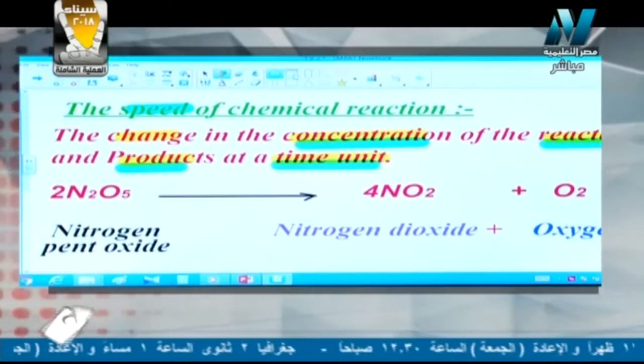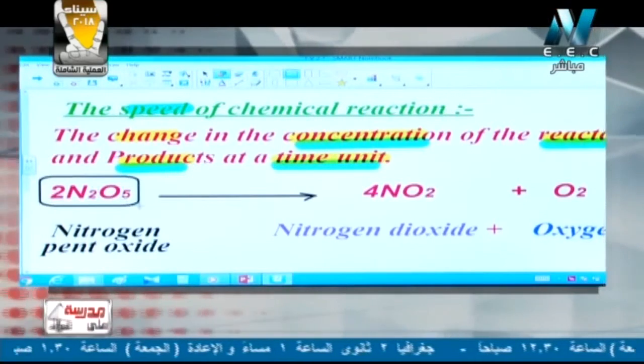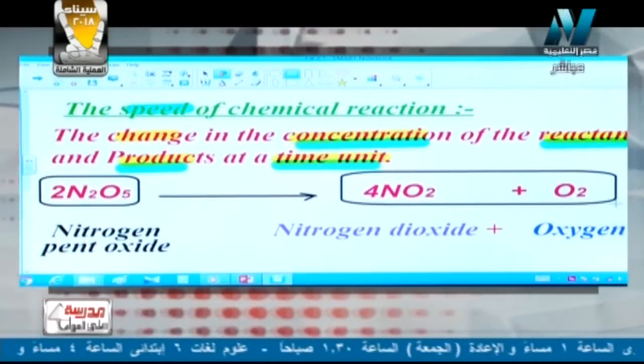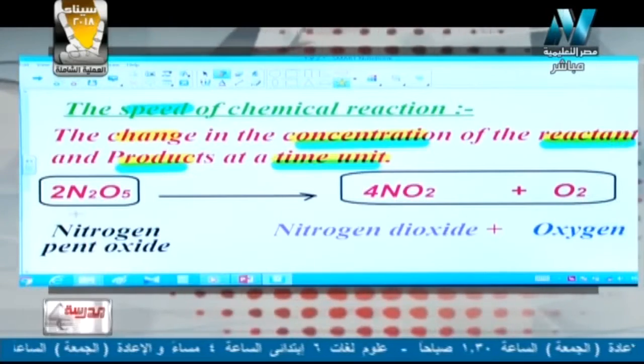On the left side we have the reactants, and on the right side we have the products. So the concentration of reactants changes, and a new substance forms, the products, with another concentration.